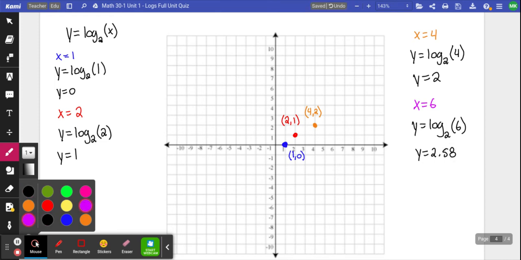So 6 and 2.58, right about there. And we'll do one more. Let's do what happens when x equals 10.